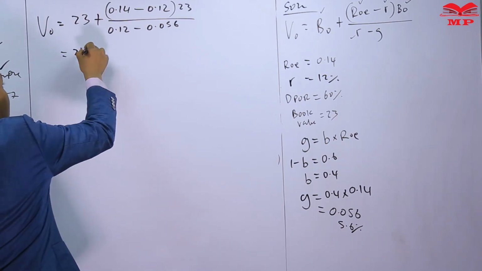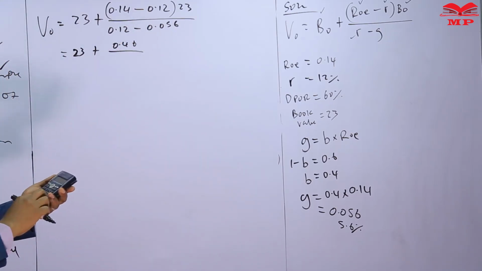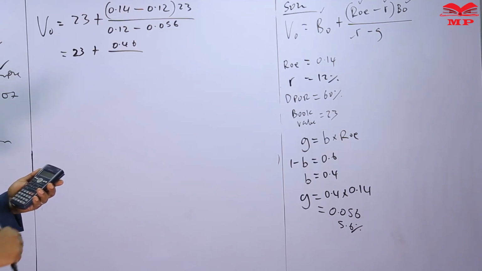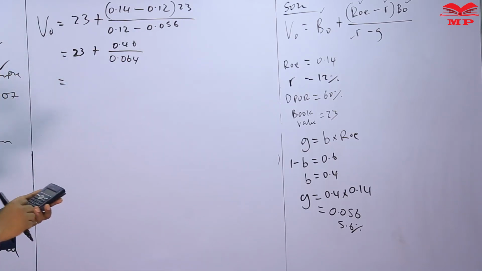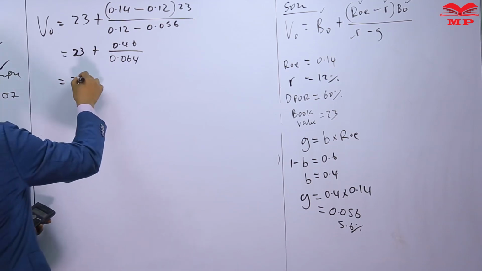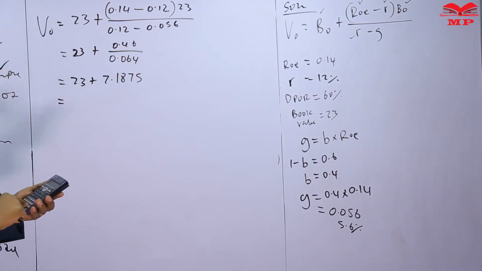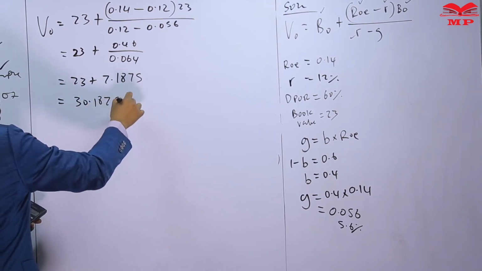So it's 23 plus 0.46 over 0.12 minus 0.056, which is 0.064. 0.46 divided by 0.064 is 7.1875. 7.1875 plus 23 gives 30.1875 shillings.